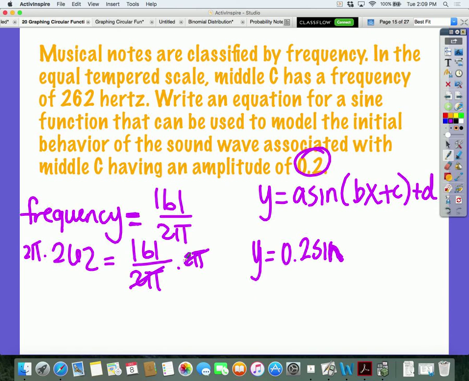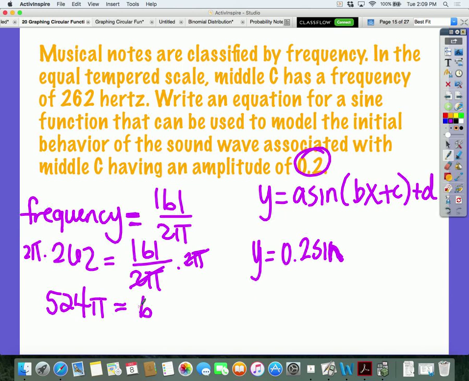And before I go typing it into my calculator, because I don't have one up here in front of me, I'm going to multiply 2 by 262. When I multiply 2 by 262, what number do I get? 524. Okay? And I could leave it like this. I could leave my b in terms of pi. That's what this means. When I don't multiply the pi through, I'm leaving it in terms of pi.